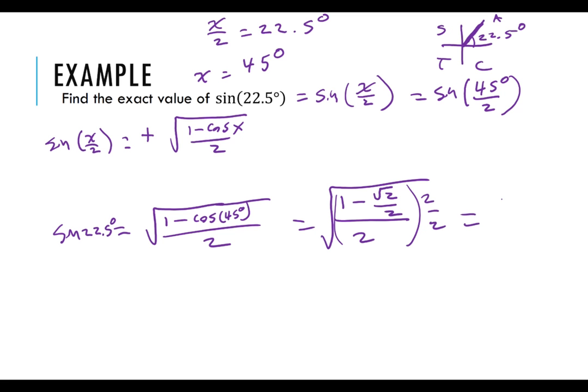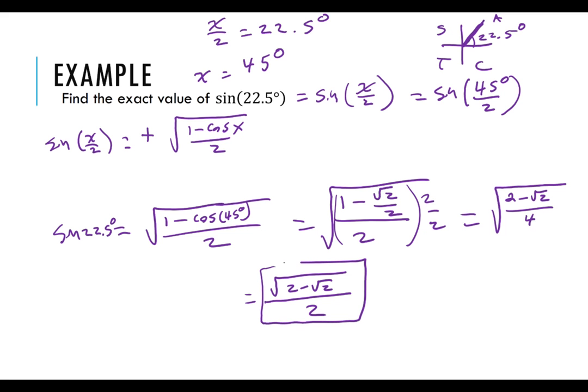That gives me the square root of 2 minus root 2, over 4. The square root of 4 is really 2, and so you could write square root of 2 minus root 2, over 2. And this is a perfectly good solution. Technically, there's nothing wrong with my original solution, but if they're picky about how we input it, we may want to simplify it some.